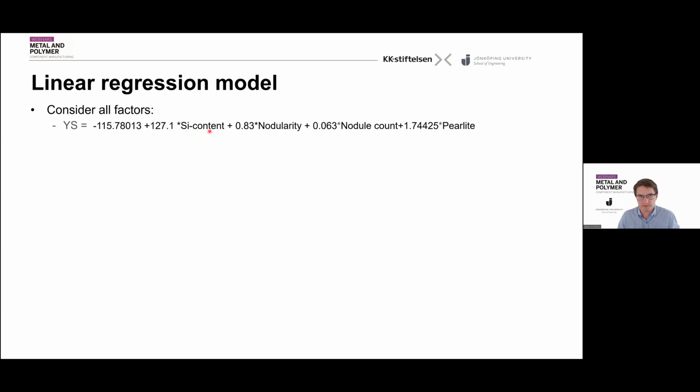Now, this is an equation that relates these factors to our response. But this is purely mathematics. You can fit a really nice model to your data, but is it really significant? Is it relevant?